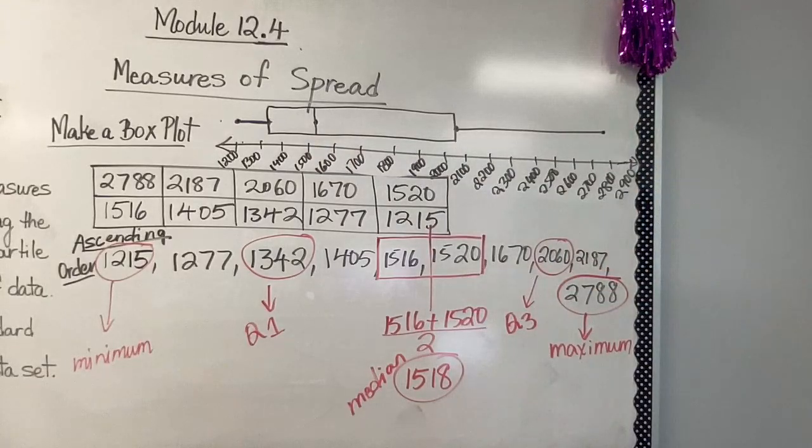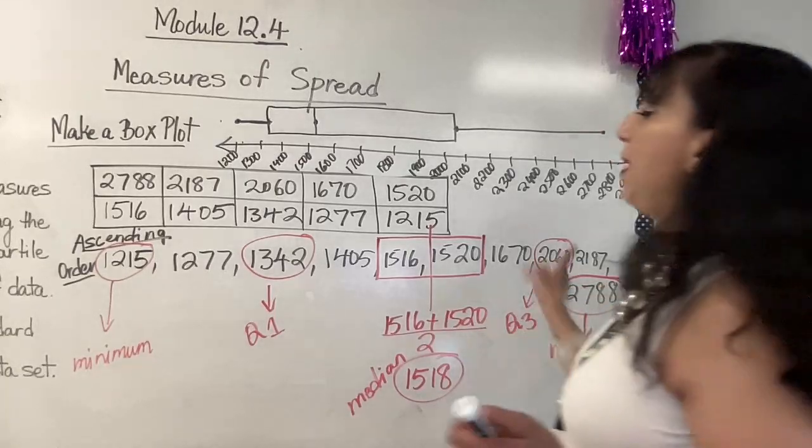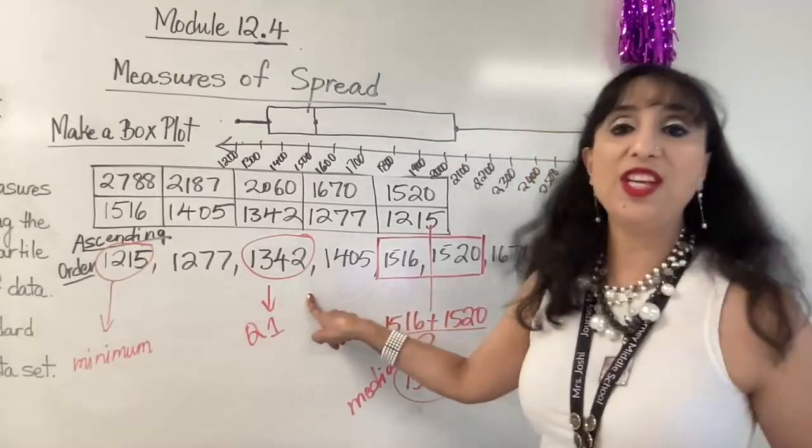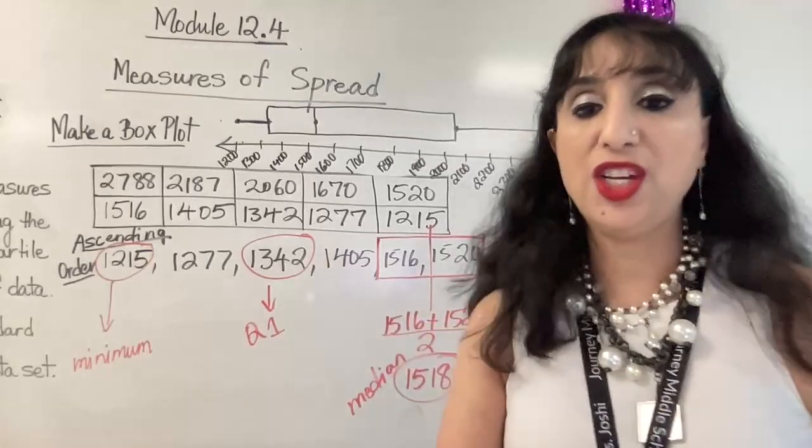Okay, so now what I'm going to go ahead and do is, if I am trying to find the interquartile range, all I need to do is I look at the third quartile, which is 2060, minus the first quartile, which is 1342.